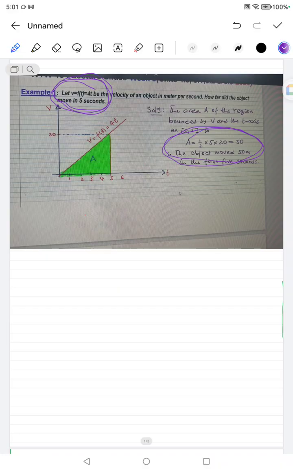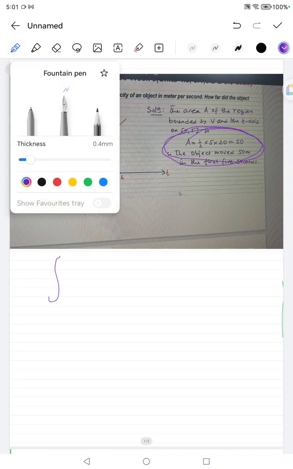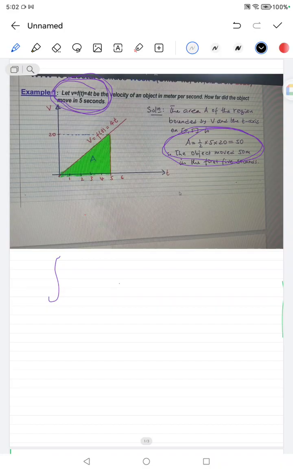If we have an antiderivative of 4t, this one, it means we can write it as usual: we have our 4, then we have an integral sign, then we have our t. In this way, we know we can use the power rule.